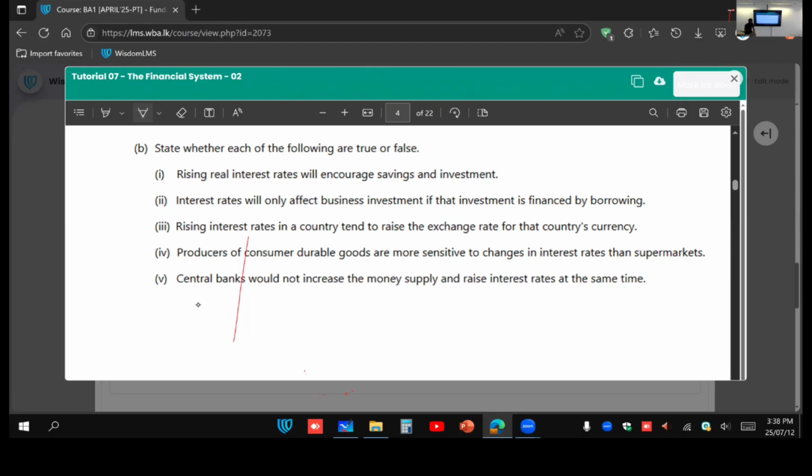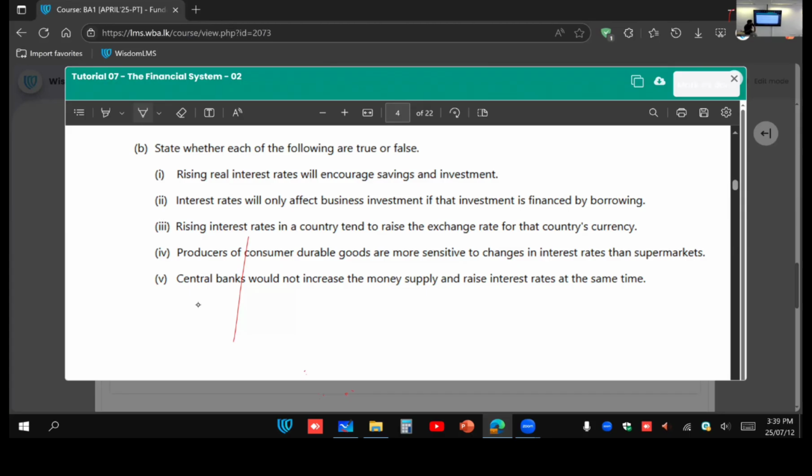Producers of consumer durable goods are more sensitive to changes in interest rates than supermarkets. Yes or no?